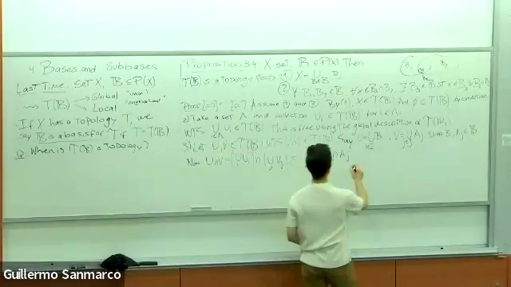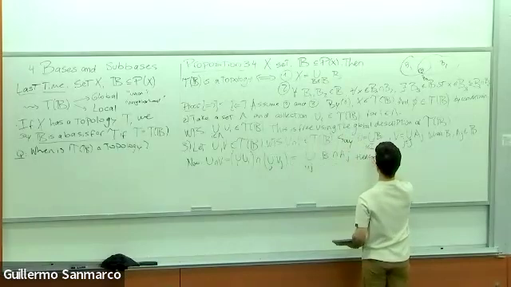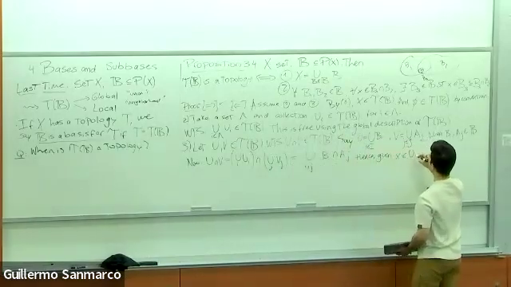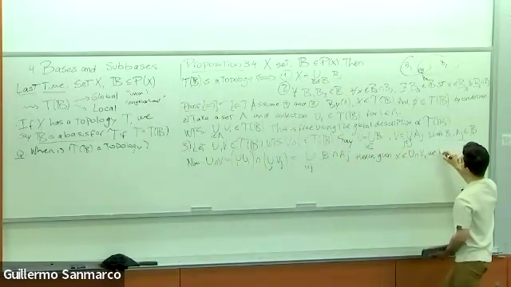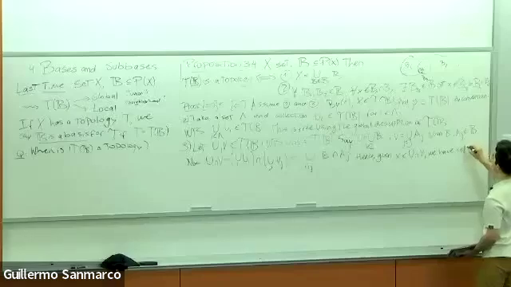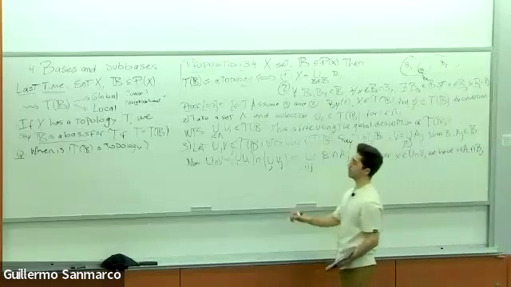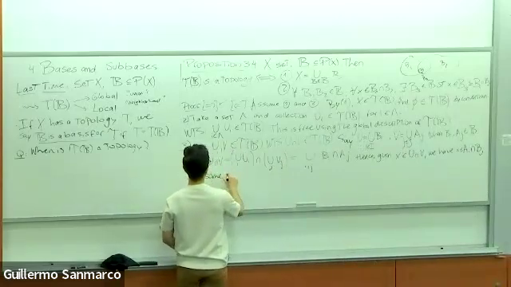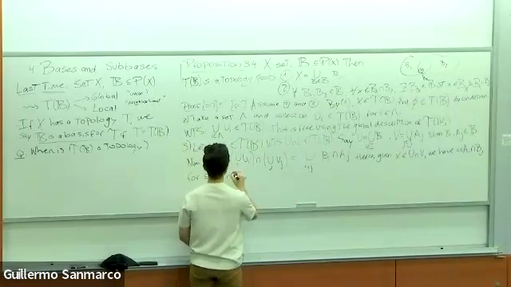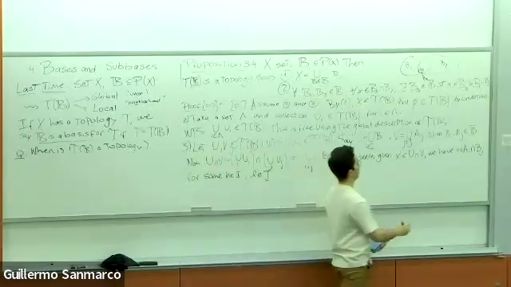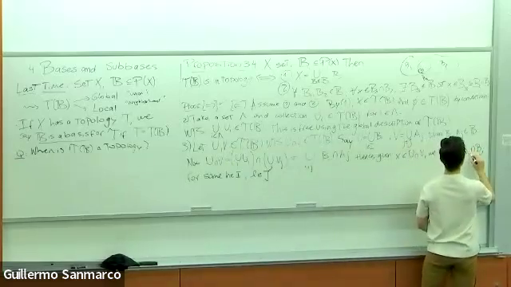So hence, given some X in U intersects V, what we actually have is that X is in some intersection BH intersects AL for some couple of indices. Maybe let's use H and L because I want to keep my variables.